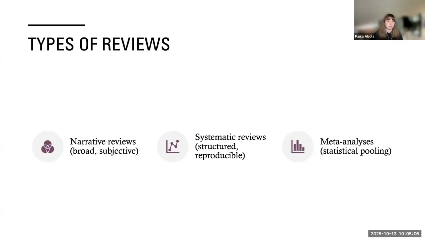It follows a set protocol, it uses transparent methods, and it aims to reduce bias. And then there is the meta-analysis, which is essentially a systematic review plus statistics, and it pulls numbers from different studies to produce an overall effect size. In other words, narrative reviews tell a story, systematic reviews build a map, and meta-analyses put a ruler on that map.